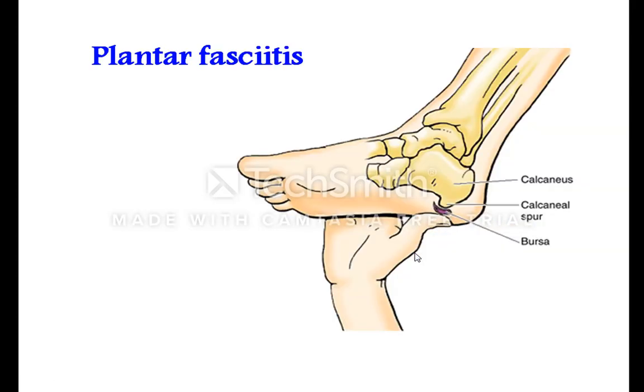Plantar fasciitis, which is very common, is inflammation of the soft tissue beneath the calcaneum, causing severe pain, especially early morning when walking. Sometimes it could be associated with a calcaneal spur.